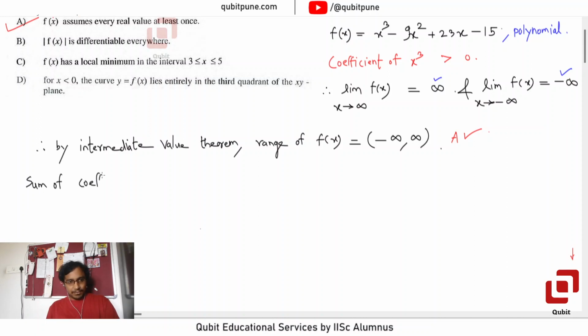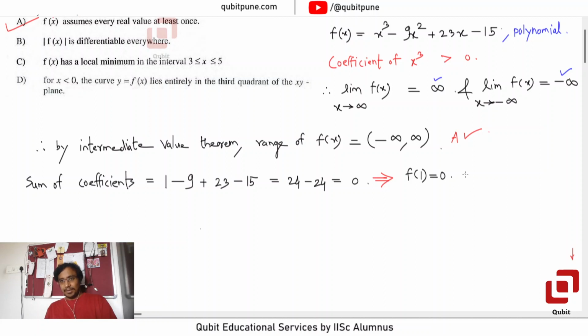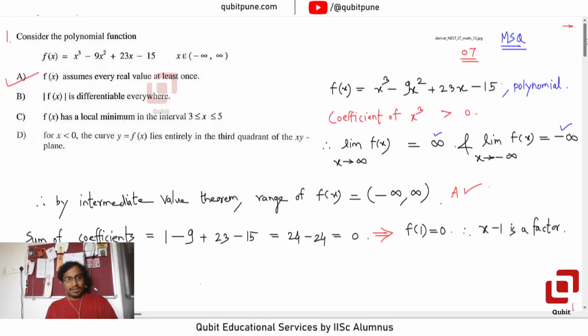The coefficient of x cubed is 1, x squared's coefficient is negative 9, x's coefficient is 23, and the constant term is negative 15. 23 plus 1 is 24, 9 plus 15 is also 24, 24 minus 24 is 0. This implies that f of 1 is 0, and therefore x minus 1 is a factor.